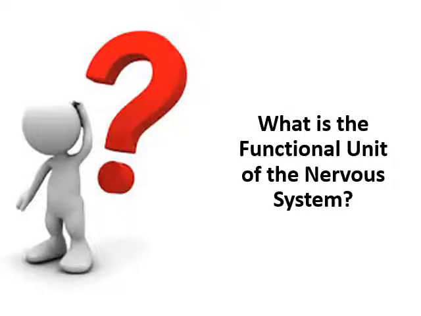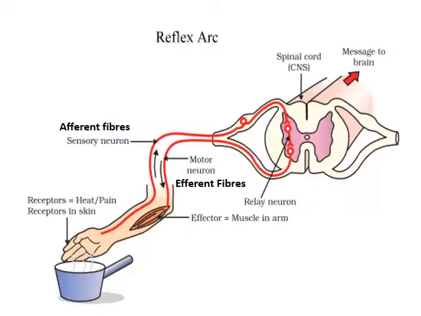Now, what is the functional unit of the nervous system? The reflex arc is the functional unit of the nervous system. The pathway followed in the nervous system in the reflex action is called the reflex arc.